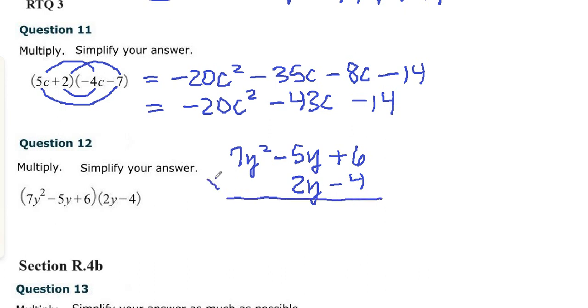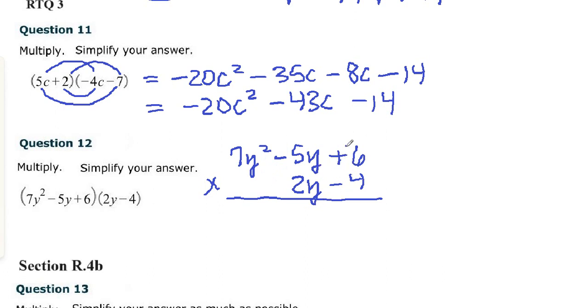And this is a multiplication. So we're going to take this -4, we're going to multiply it by 6, by -5y, and by 7y squared. And then we'll do the same thing with the 2y times 6, -5y, 7y squared. And line up our like terms.